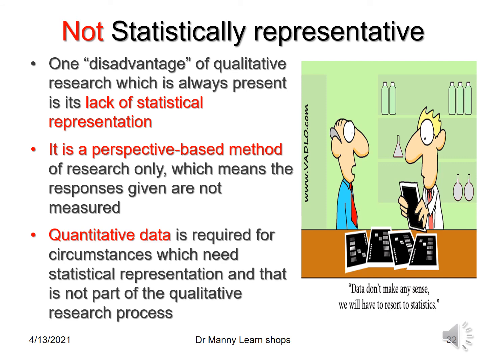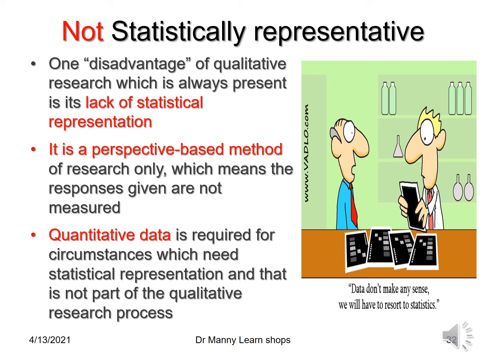Another issue is that it's not statistically representative. One disadvantage, according to some of the academics, is that qualitative research lacks statistical representation. It's a perspective-based method of research only, which means that the responses aren't measured.